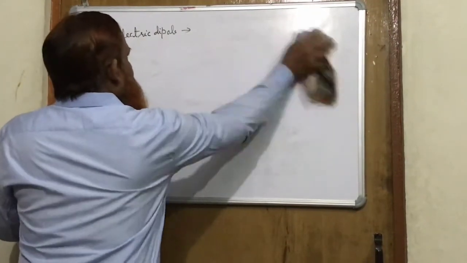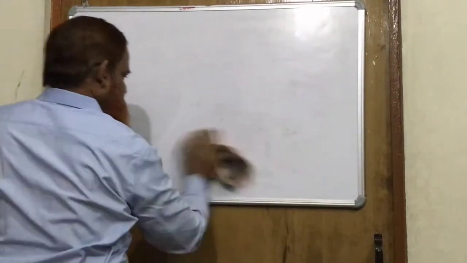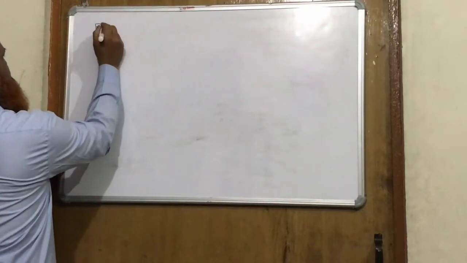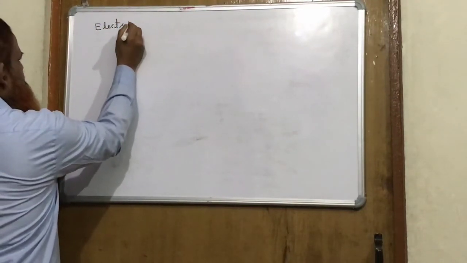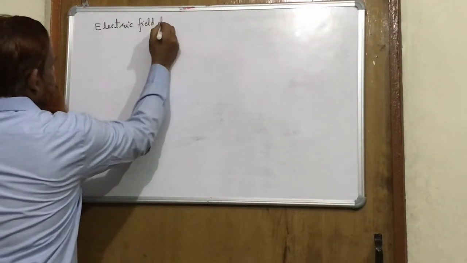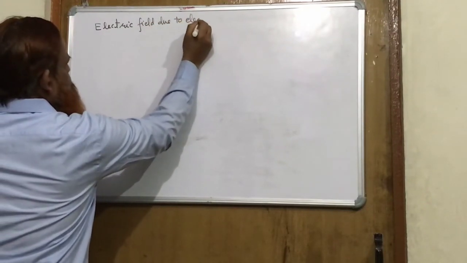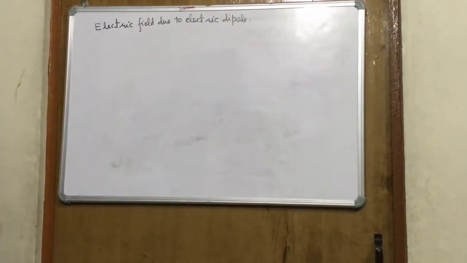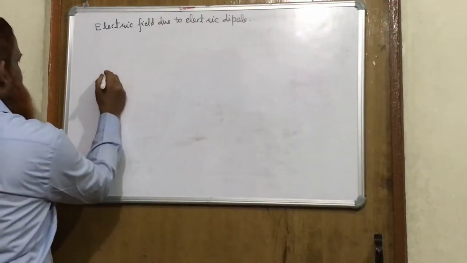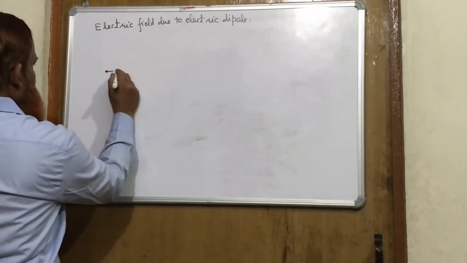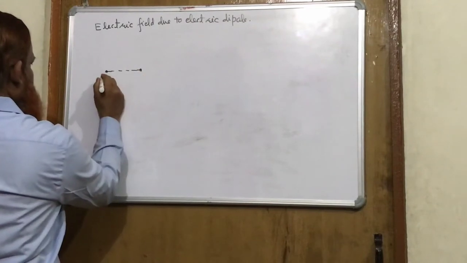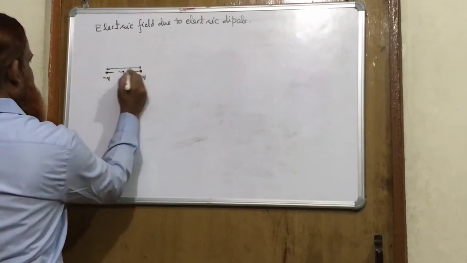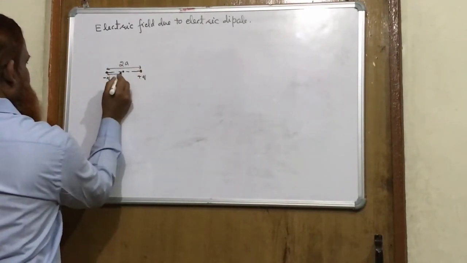So now we will find the electric field due to an electric dipole. Consider an electric dipole. Its length is 2a, a on each side.